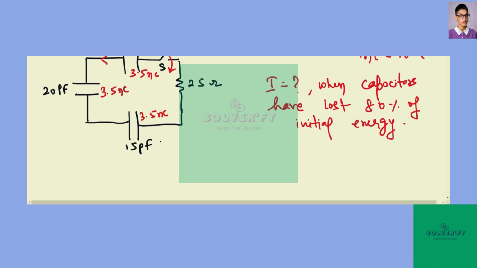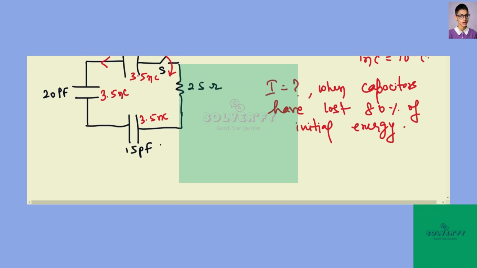In order to progress ahead, we first find out the equivalent capacity of this given network, and these are in series. So their equivalent capacity will be 1 by C equals 1 by 15 plus 1 by 20 plus 1 by 10. If we simplify, we get the value of C coming out to be 4.62 picofarad.